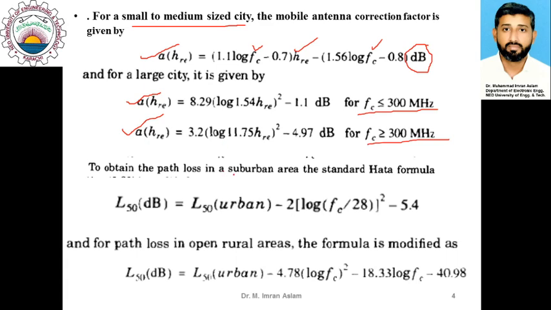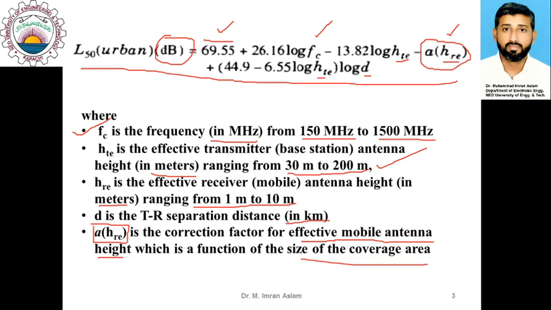For suburban areas, we need to make some correction as well, because as we discussed in the case of the Okumura model, this baseline formula is actually calculated on the basis of urban environments. So this formula is applicable to urban environment only.